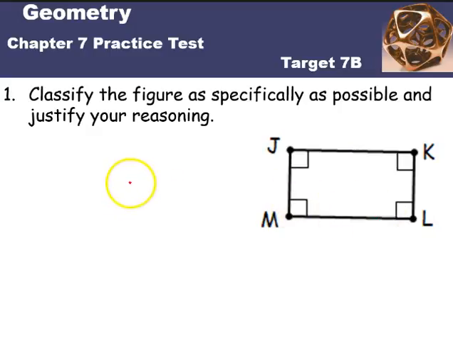Okay, so this looks like it's either a rectangle or a square. Now, it looks like JK and JM are not equal sides, so it doesn't look like it's a square to me. It looks like it's a rectangle. So I'm going to say it's a rectangle, and the reason is it has 4 90-degree angles.